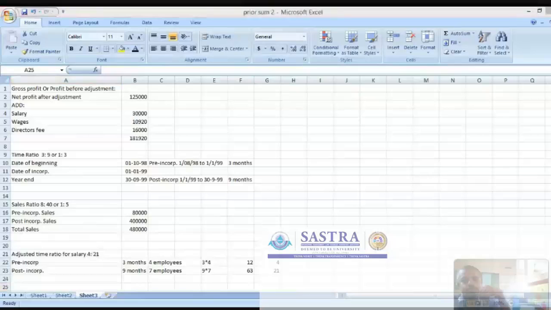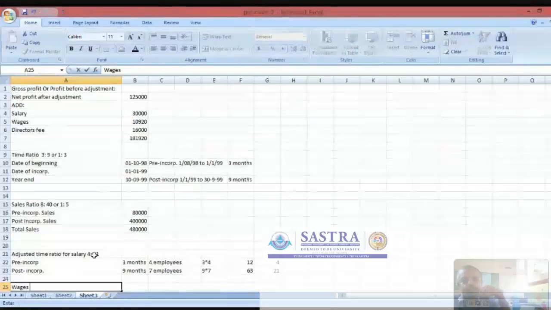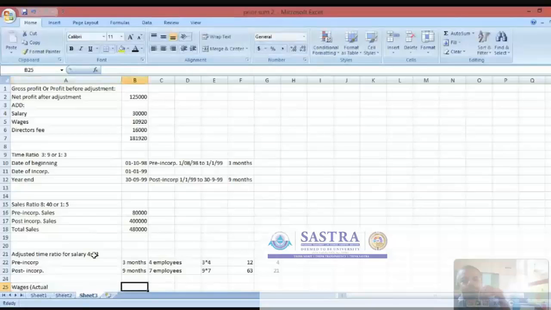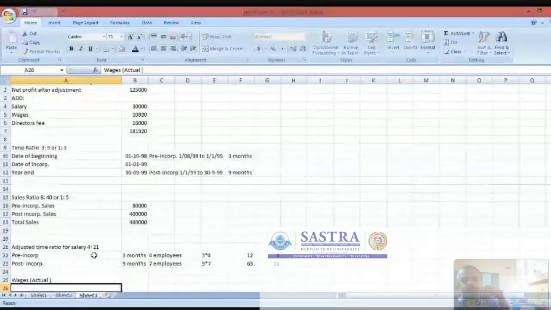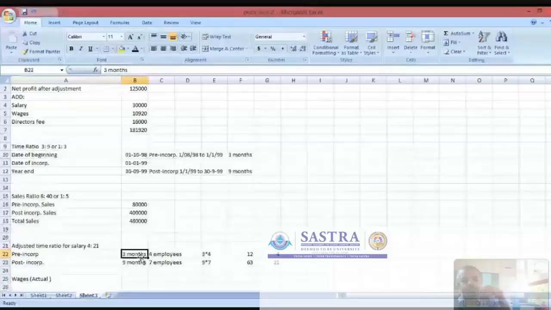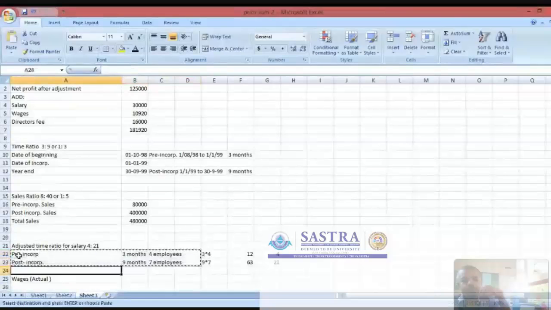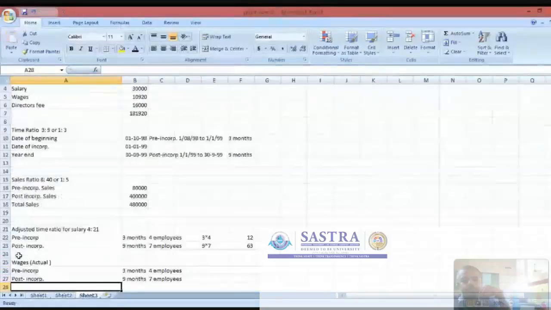Then wages. There are two conditions. One is the amount will be changed. We cannot mention ratio. Actual. Pre-incorporation, 4 workers.